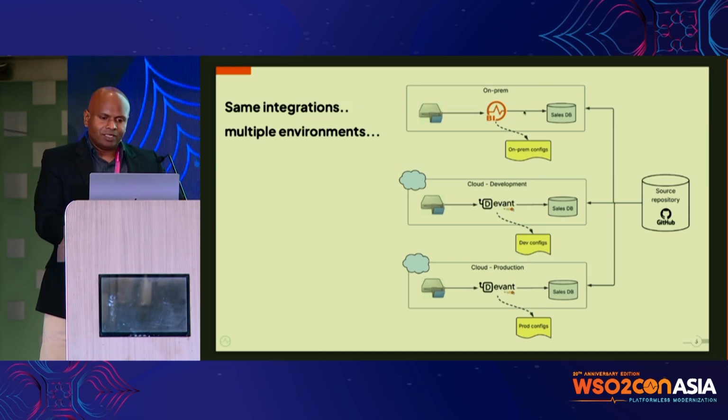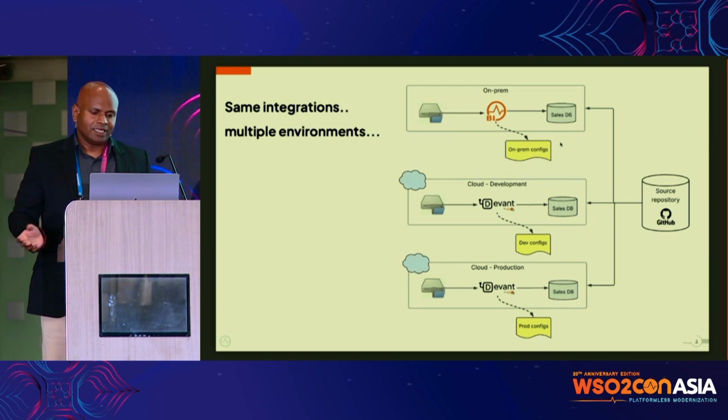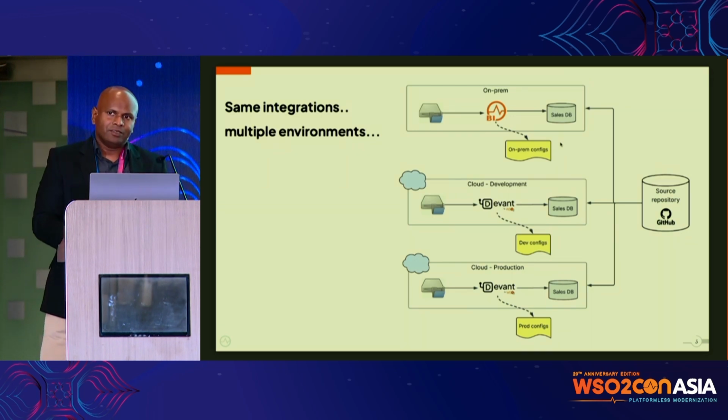For this on-prem scenario, we have a set of configuration values, because we are connecting to an on-prem SFTP server, as well as a database hosted on-prem. So these credentials and URLs have to be specific to this on-prem environment.